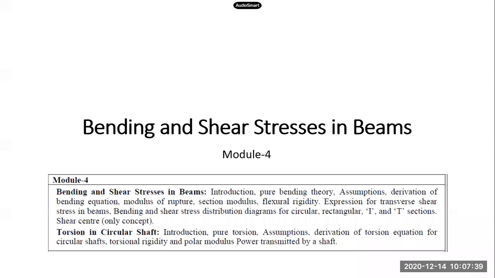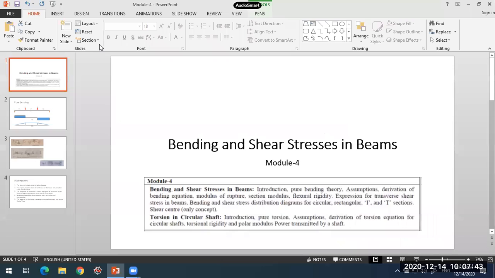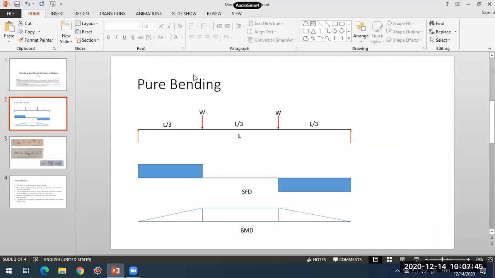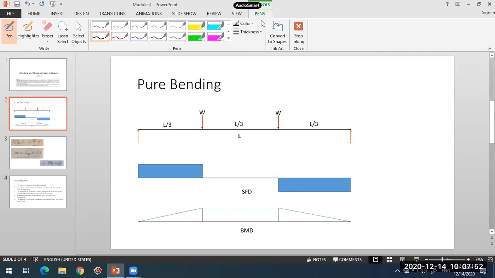Now we'll see a case of pure bending here. So what is actually this pure bending? Let us take this particular beam. I've shown a simply supported beam over here, and it is supporting two concentrated loads of magnitude W. The position is at every one third point of the span.